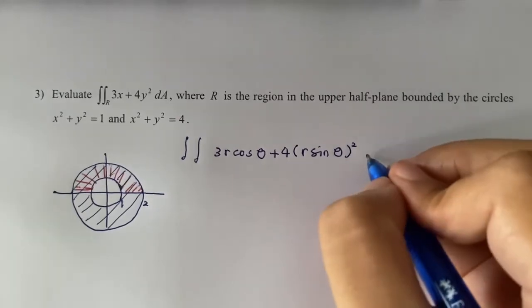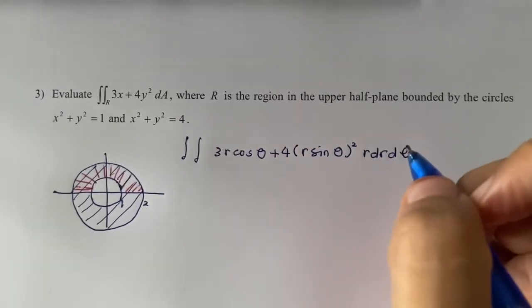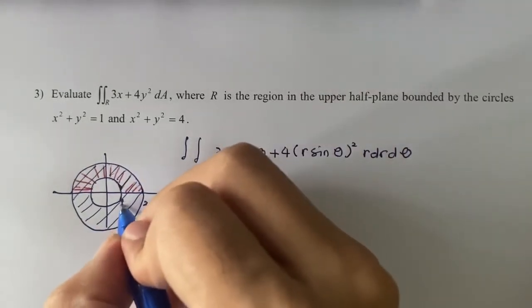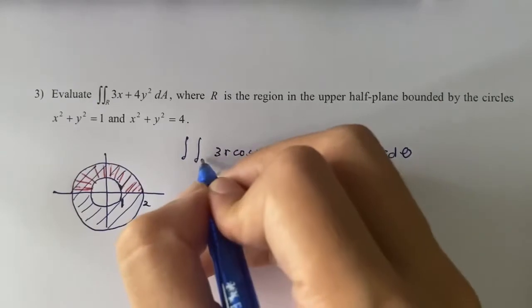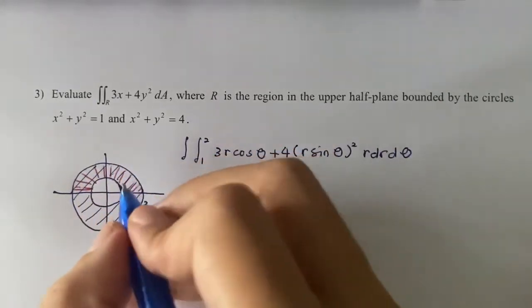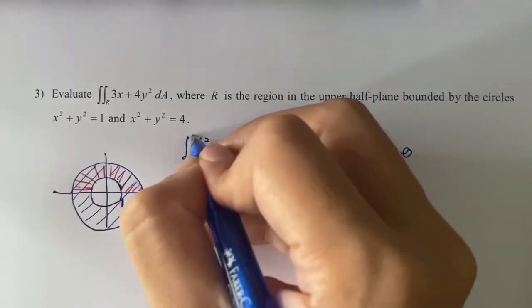And dA is equal to r dr d theta. Okay. So for this one, r limit is from 1 to 2. And your theta limit is from 0 to pi. So this is 0 to pi.